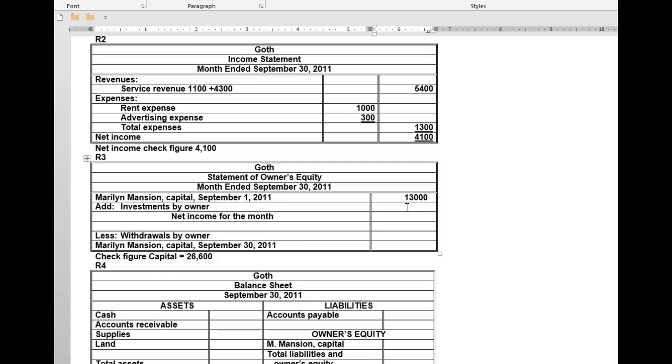There was $10,000 plus another one, $1,700. I guess I have fat fingers. So that means I need to add $11,700.